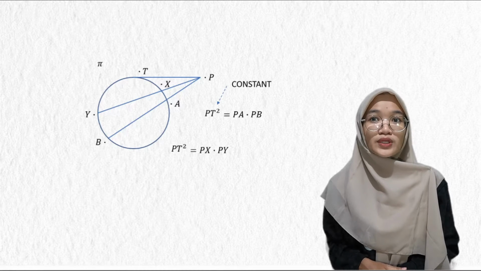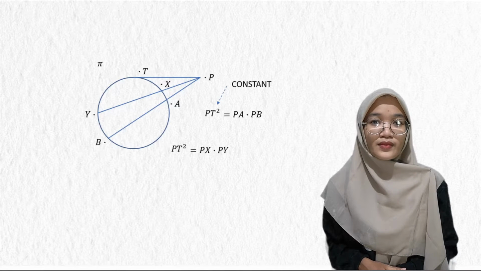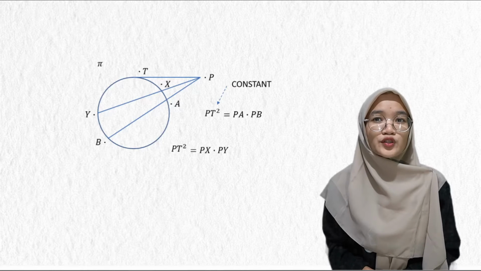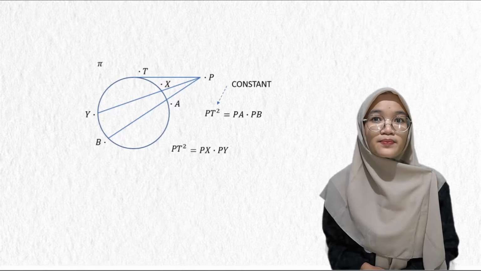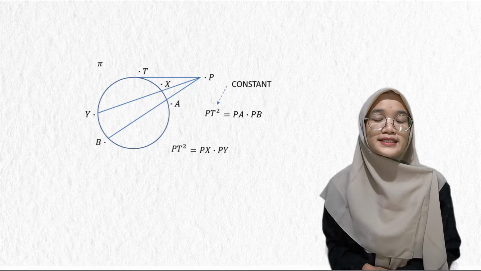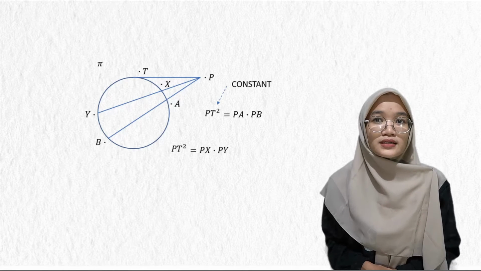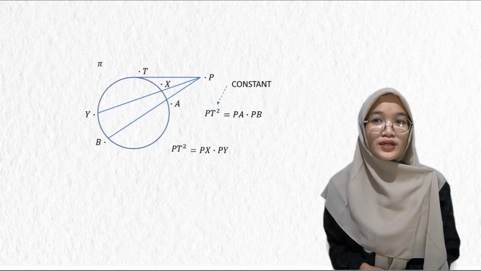You can do this with any secant. That's the magic. So whenever you take this product PX times PY, it is always the square of the distance from the tangent point.